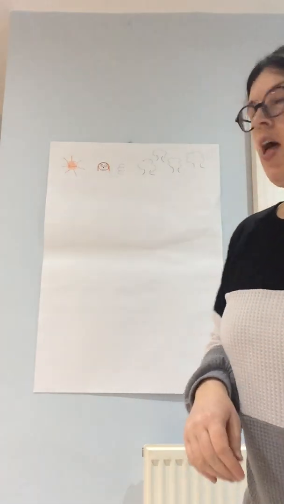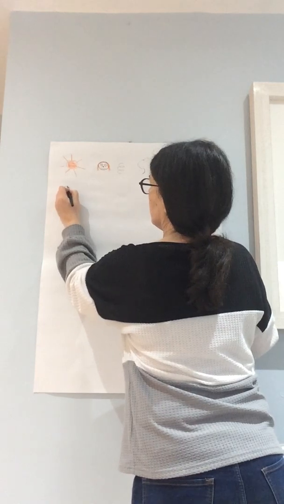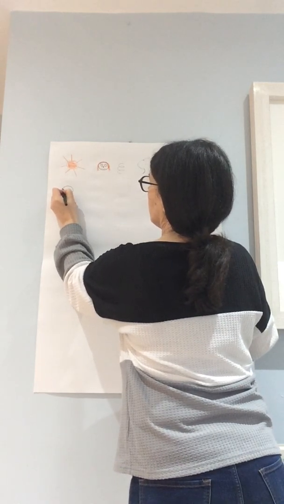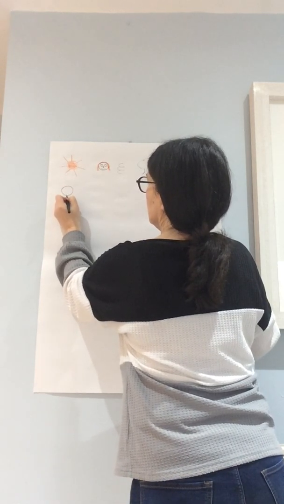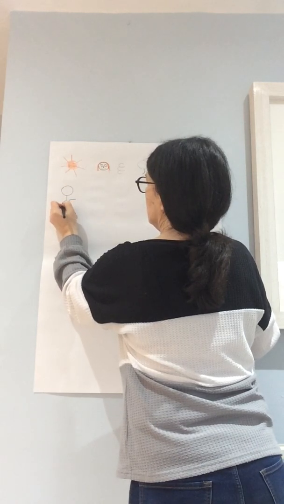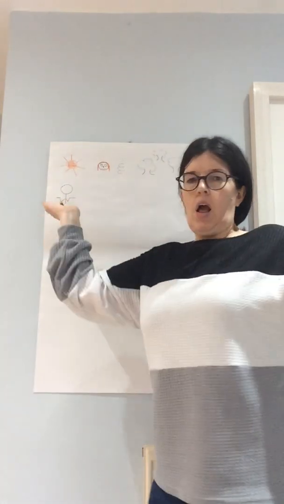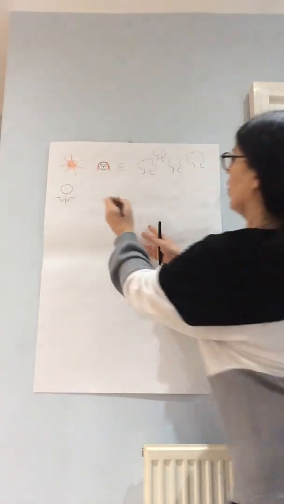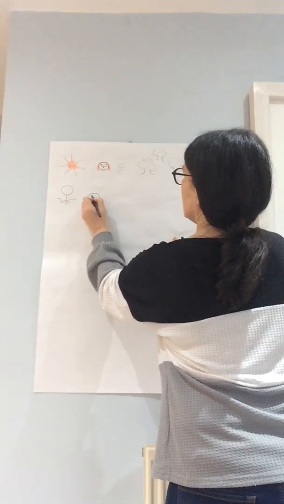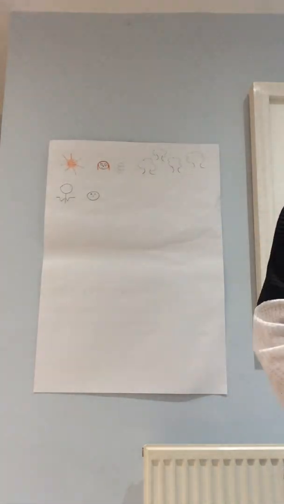Unfortunately, the little girl got lost. So I'm going to do unfortunately, like this with our arms. Unfortunately, the little girl, I'll draw her a little bit quicker this time.